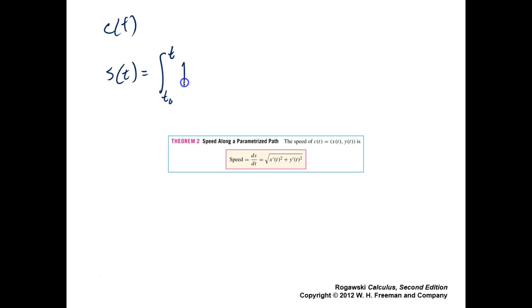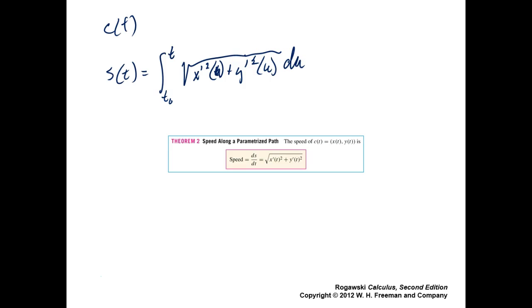So your arc length formula is the square root of, remember it was x prime of t squared, only it's no longer t, it's u, plus y prime of u squared, du.